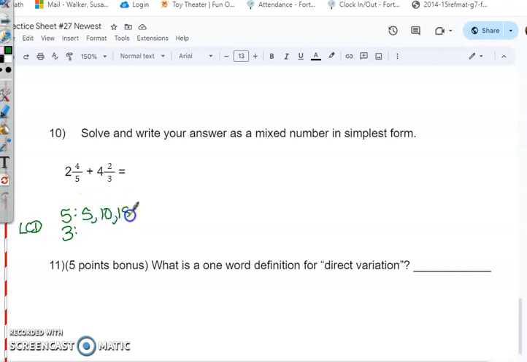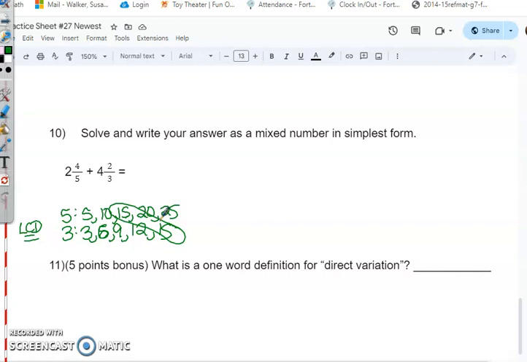If you can figure out the least common denominator without doing this, be my guest. And I list the multiples. 5, 10, 15, 20, 25, 3, 6, 9, 12, 15. And I look for the one that is in common. The one that is in common is 15.